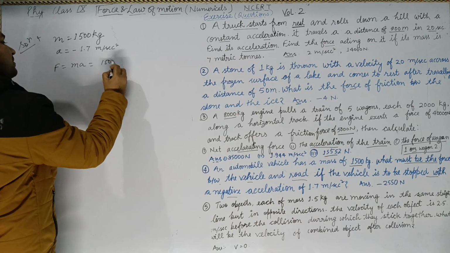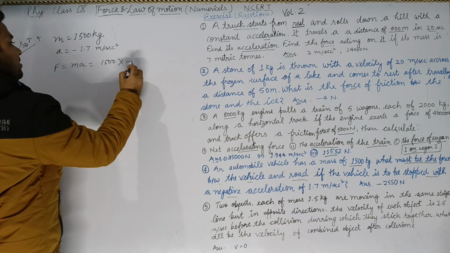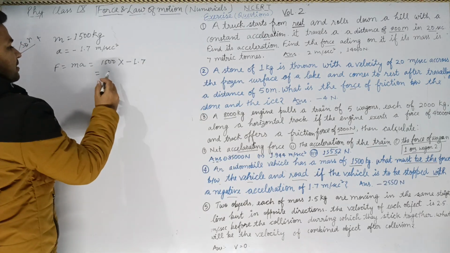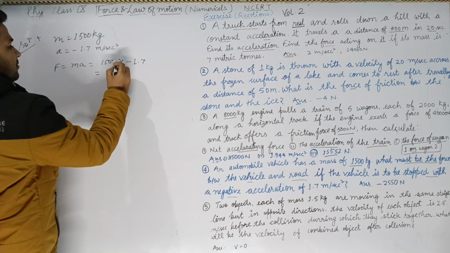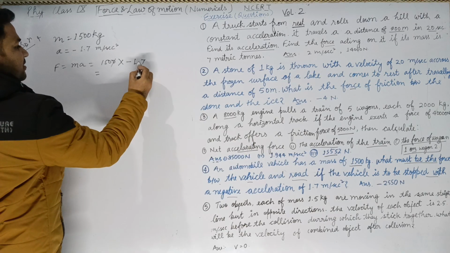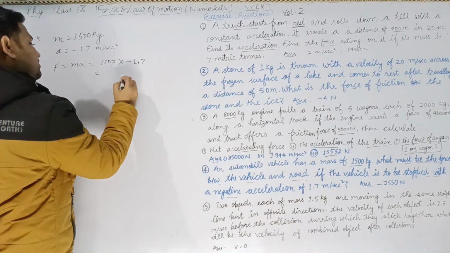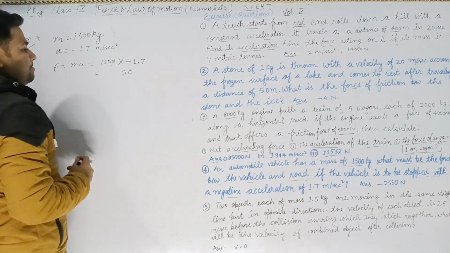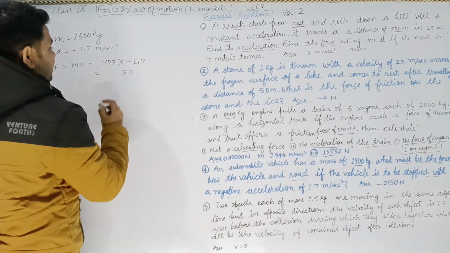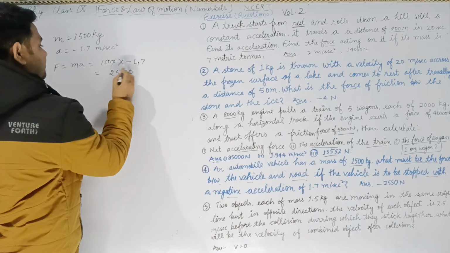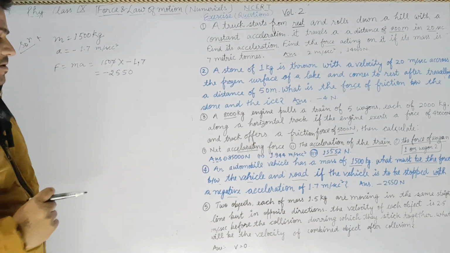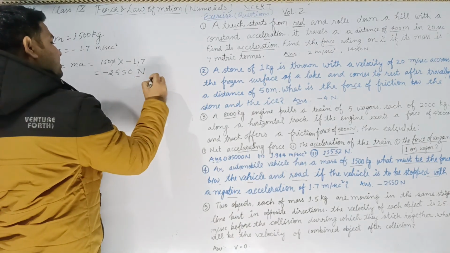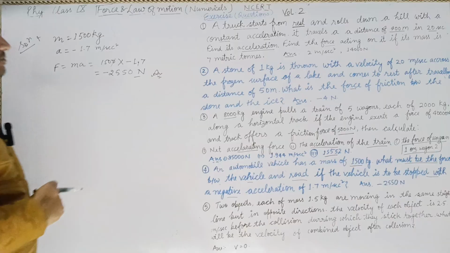Mass is 1500 kilogram and acceleration is minus 1.7. We remove the decimal, multiply, and with the negative sign it will be 2550 Newton. It is our solution.